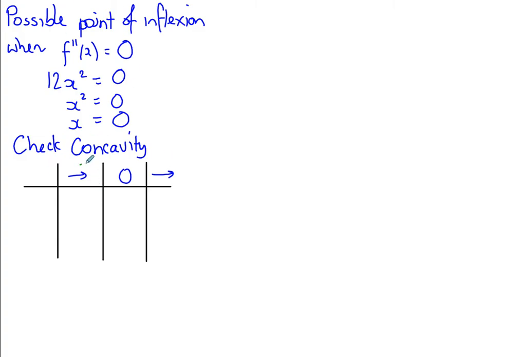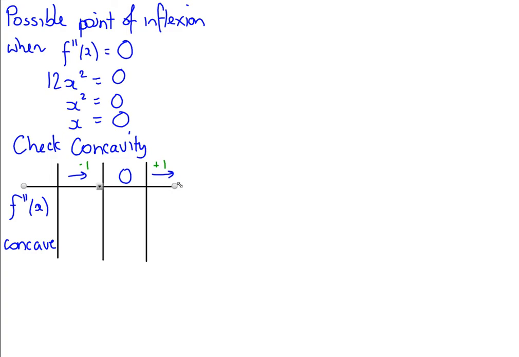You'll have hopefully a bit of experience with nature tables for turning points. What we want to examine here is what's the second derivative for these values, and we also want to write concave on the left hand side. Okay, so we've got 3 columns to investigate.